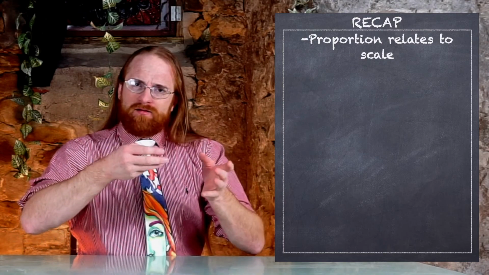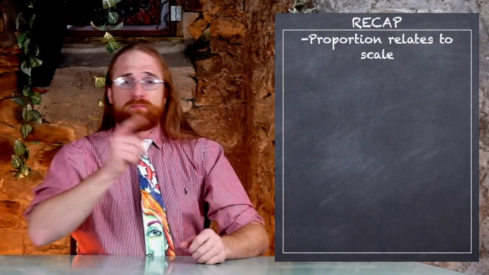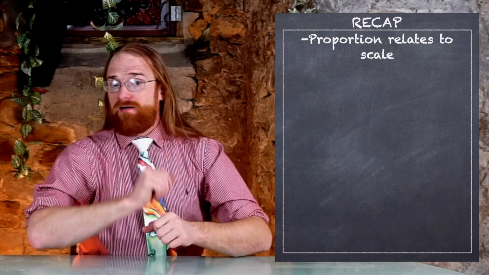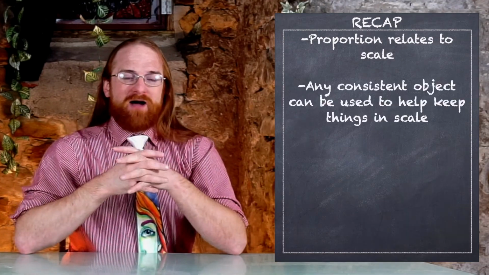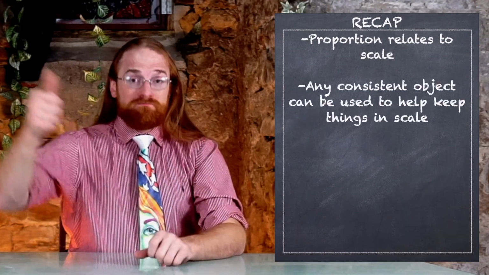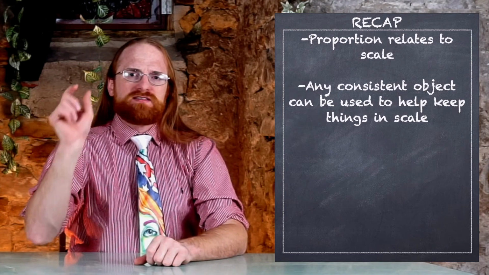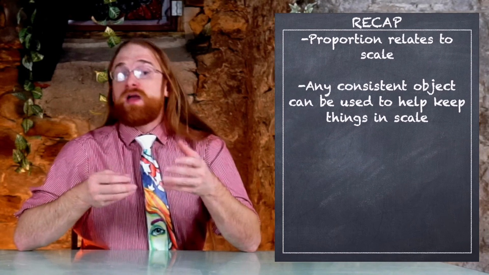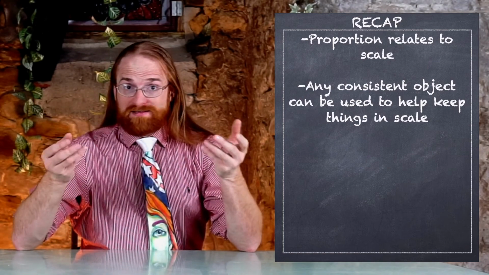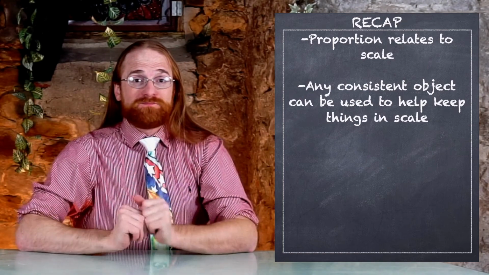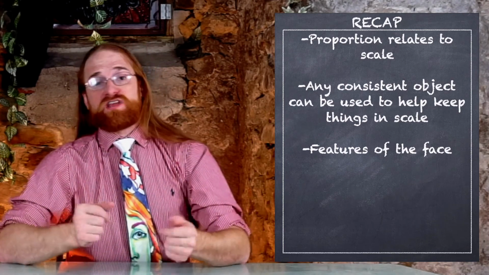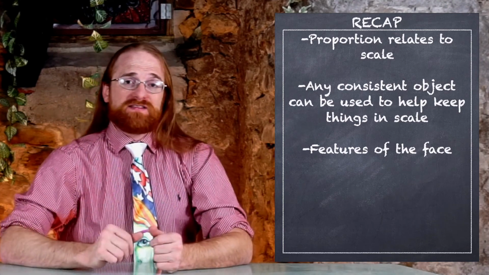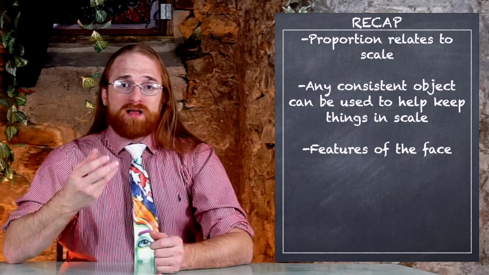Today we talked about how proportion relates to scale. How scale is our principle of design, but proportion is a subcategory of scale. We talked about how any object can be used to measure things as long as that object stays the same size. It keeps consistent. In this way, we can keep our drawings or paintings or whatever in scale. I broke down many of the features of the face, and you got a chance to experiment and draw some of those features.